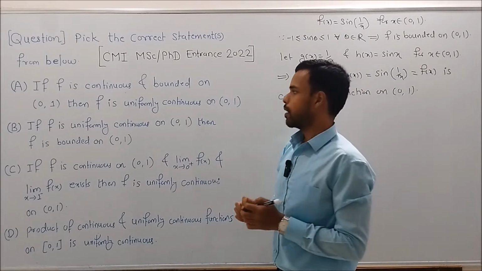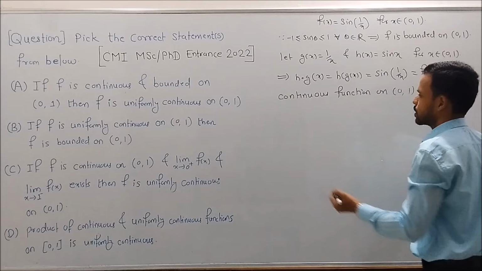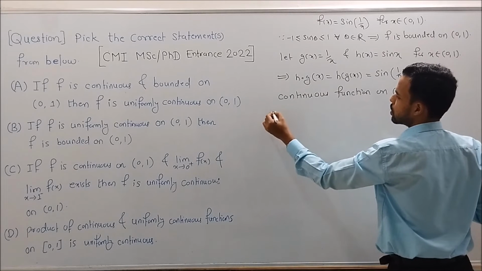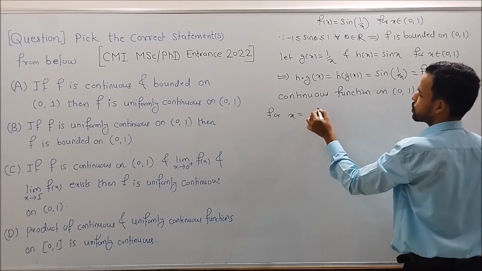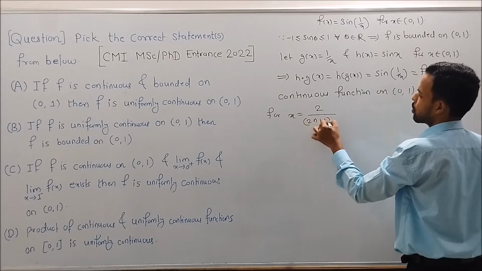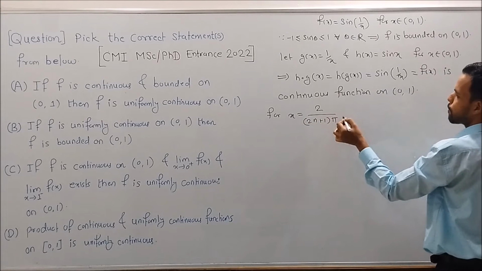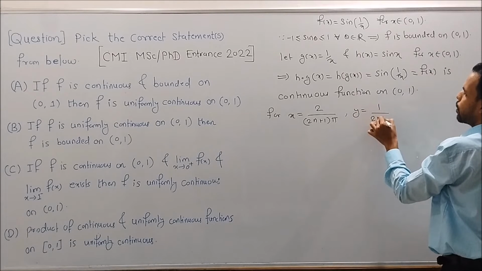Now I will show that f is not uniformly continuous on the open interval (0, 1). To show this, take x equal to 2 upon (2n+1)π and y equal to 1 upon 2nπ.